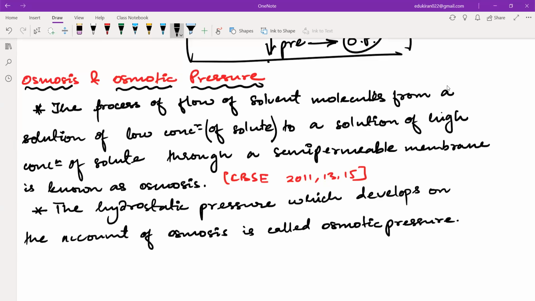Now this is more of a physics kind of definition, the definition which is required in terms of measurement of osmotic pressure.